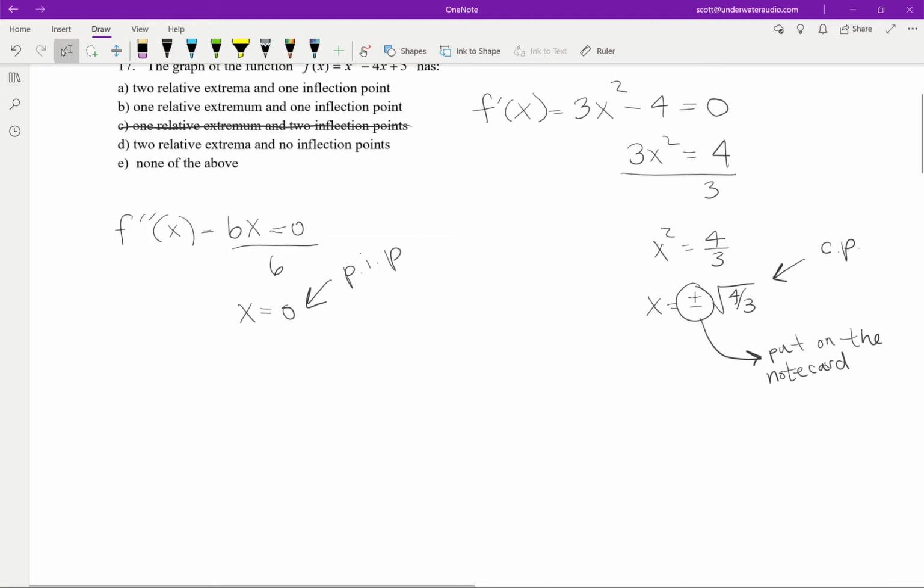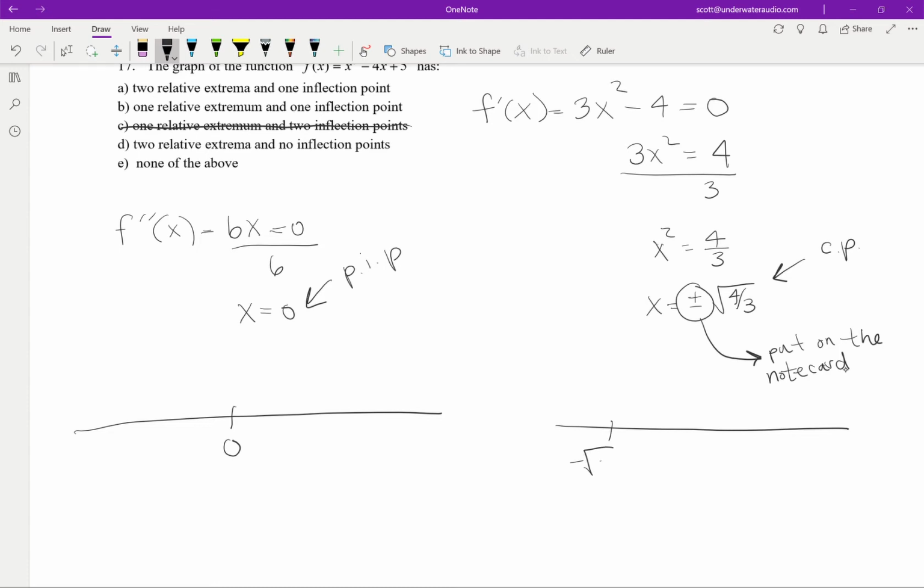But what I can do is make some number lines. For my possible inflection point, I'll put 0 in. And for my critical points, I'm going to put negative square root 4/3 and positive square root 4/3, so 0 would be in the middle.